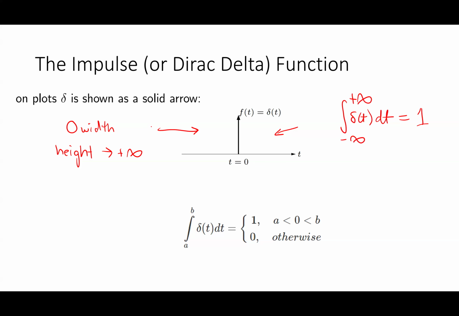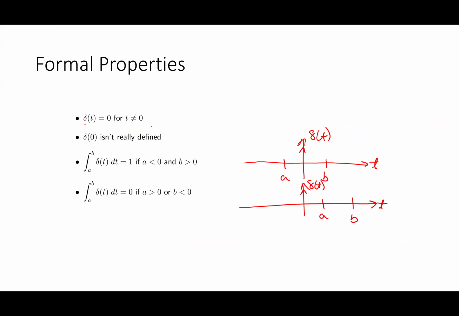So I wrote this out here. If I write this integral from A to B, that integral is equal to 1 as long as A is less than 0 and B is greater than 0. Let's see what that means. So, the integral from A to B of delta of t.